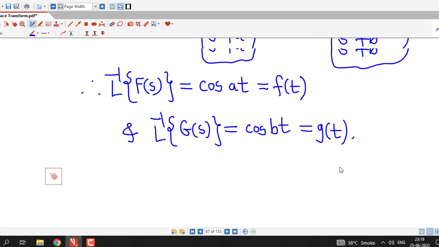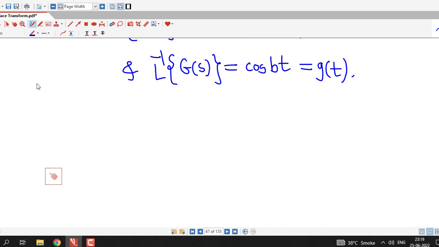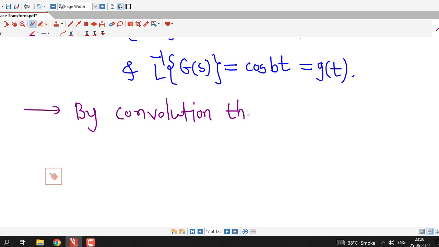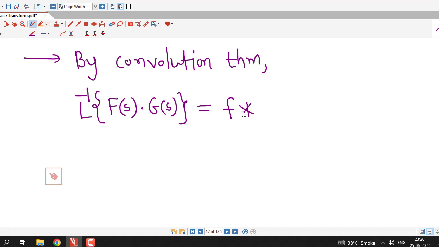Now we apply the convolution theorem. We are interested in the inverse Laplace transform of this function, which we have written as the product of capital F into capital G. So by convolution theorem we can find the inverse Laplace transform of the product of capital F and capital G. By convolution theorem, inverse Laplace transform of capital F of s into capital G of s equals the convolution of small f and small g.